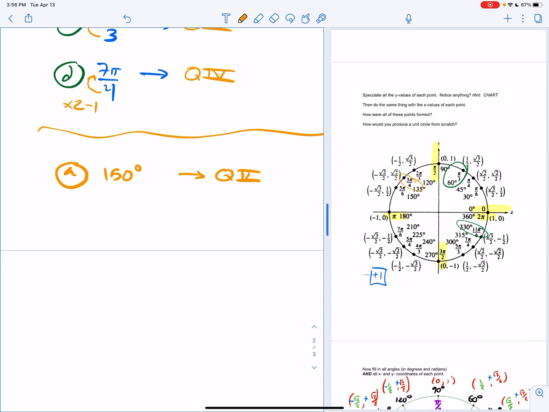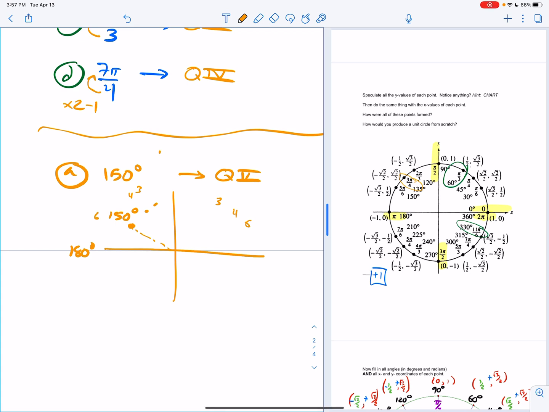Okay, so in my head, I'm going to show you what I'm thinking. 150 I know is somewhere in the second quadrant, and there are 3 points. I know that 150 is closest to 180, so I know that it's this last point right here. Okay, so I know that that is 6, 4, 3, 3, 4, 6.